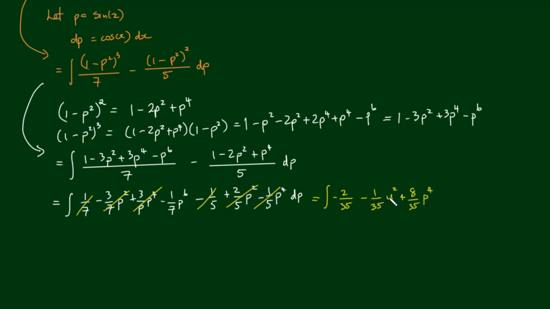And force of habit, I'm using the letter u again. Should be p squared. And finally, the term that remains is negative 1/7 times p to the power of 6 dp.